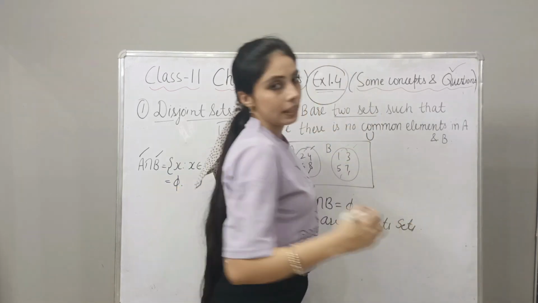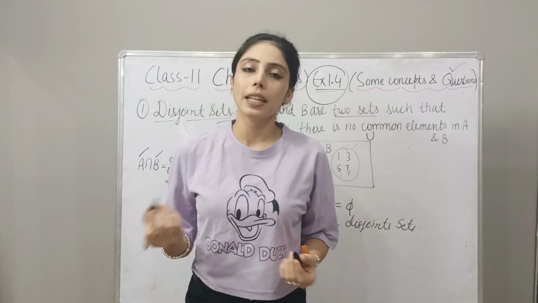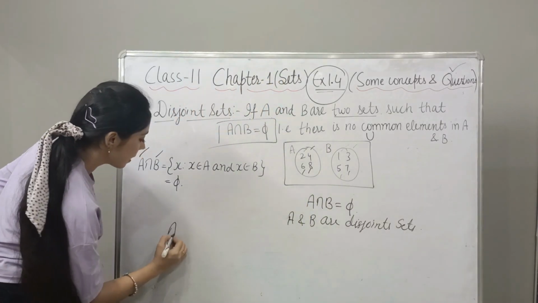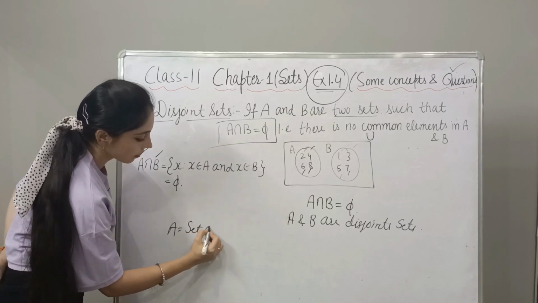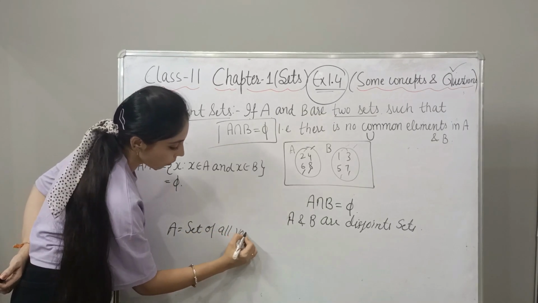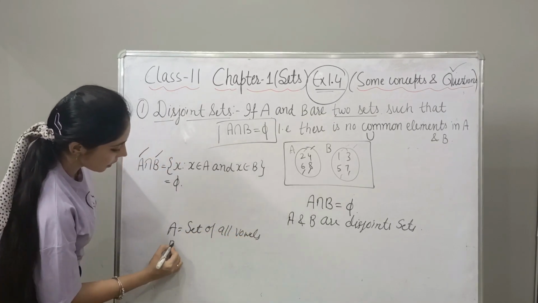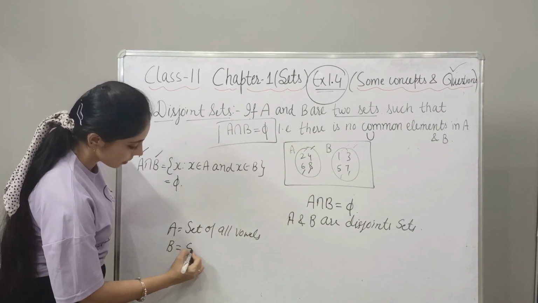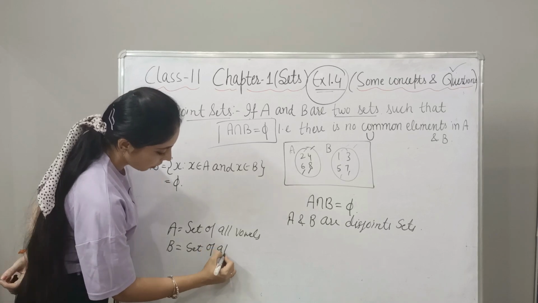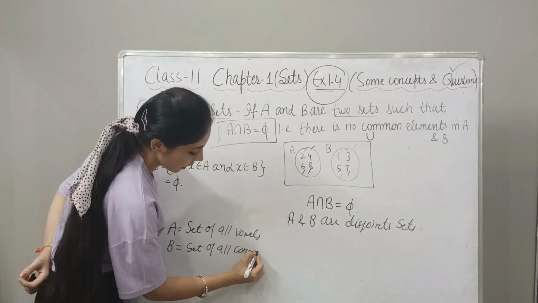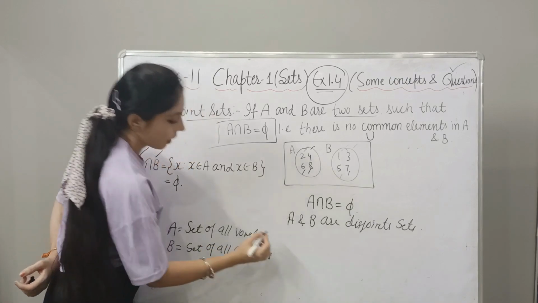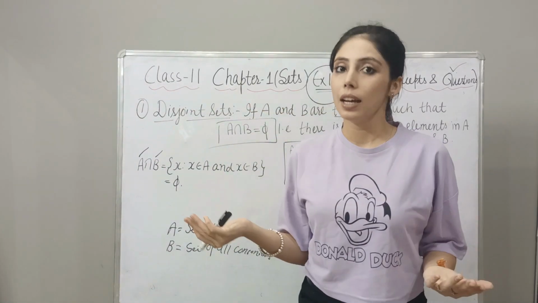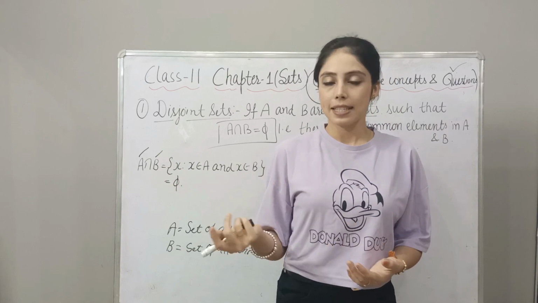These are disjoint sets. Also, in the English alphabet, if we take set A as the set of all vowels, and we take set B, which is the set of all consonants, you know that vowels are A, E, I, O, U and consonants are all the other alphabets except vowels.